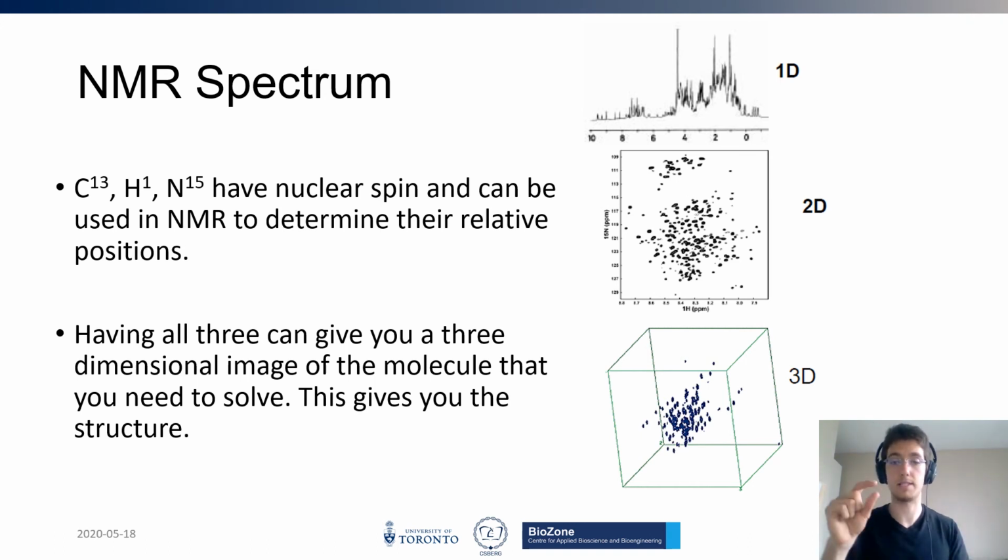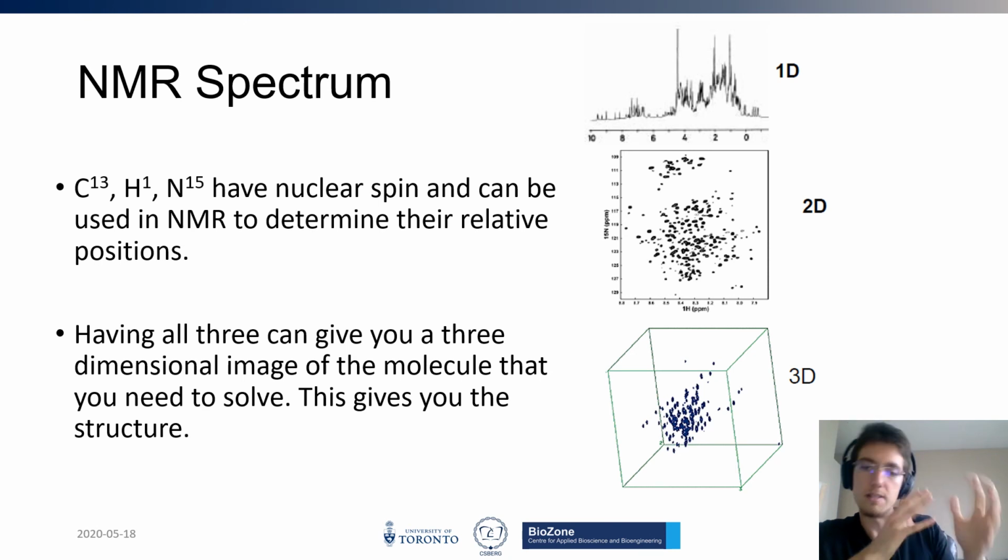Because now let's say I have a carbon here, and a nitrogen here, and a hydrogen here, and I'll know that they always present themselves in the same position. I have now learned something about the backbone composition of that specific section of the protein. You obviously need to solve this, and it can be very difficult to do that, but the point is that this is how NMR allows you to determine protein structure in solution, right? That's the general idea.